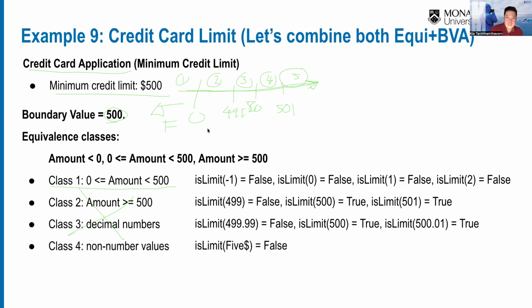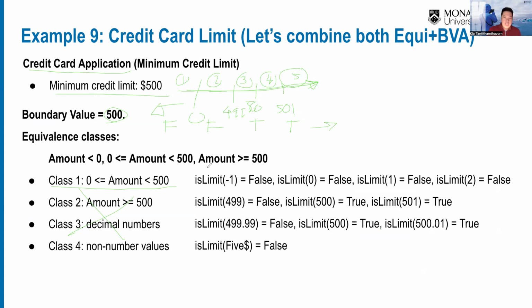And 500, that's the on point value, will return true, and 501 will be true as well. So anything over this will be true.